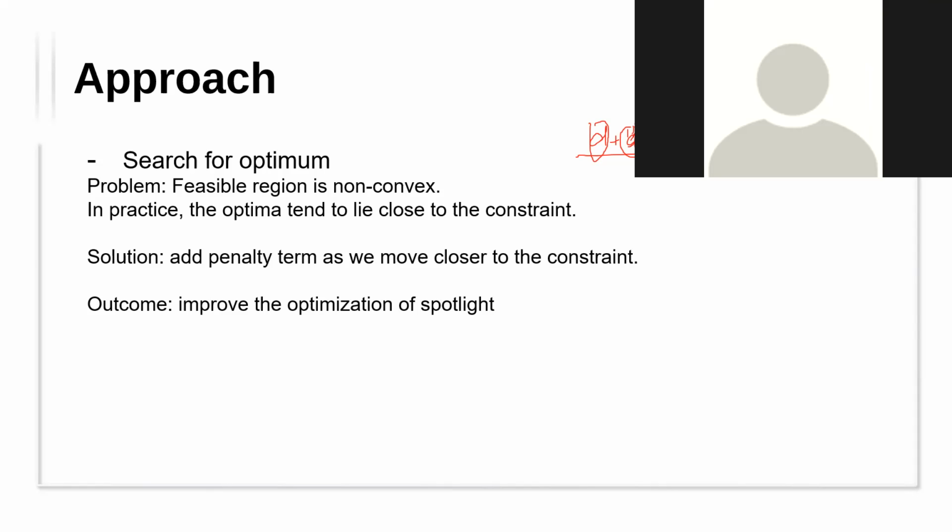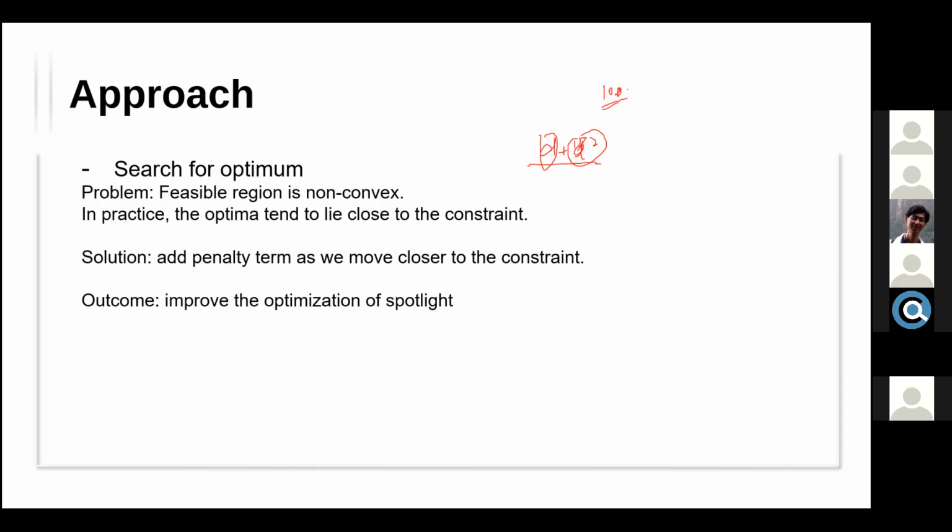But anyway, in this test, they found that the optima tend to lie close to the constraint, that means the sum of Ki equals S. And what they did is add a penalty term as they move closer to the constraint.